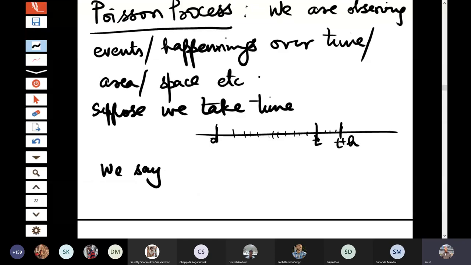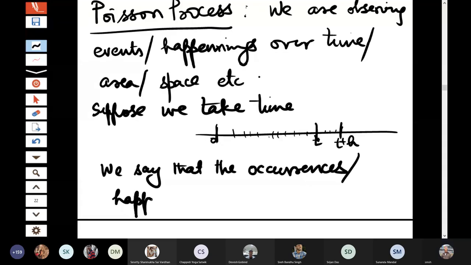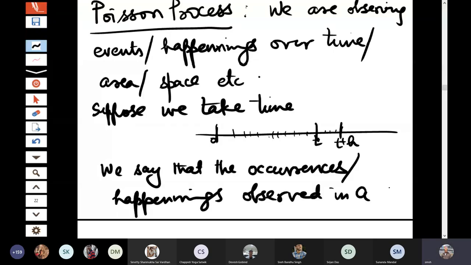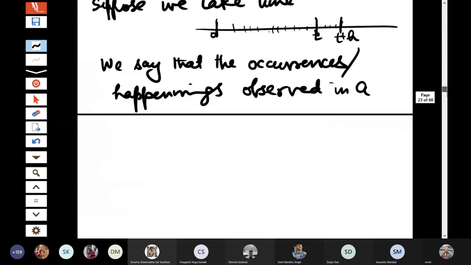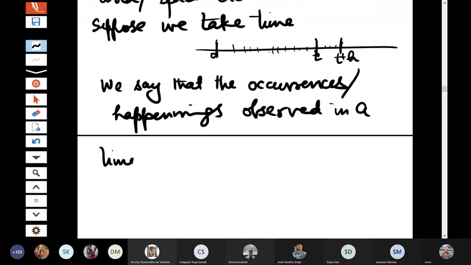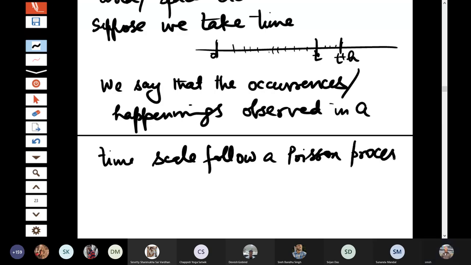We say that the occurrences, or happenings, follow a Poisson process.